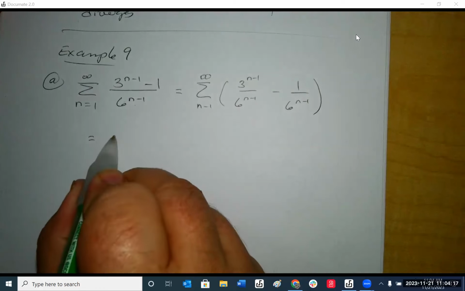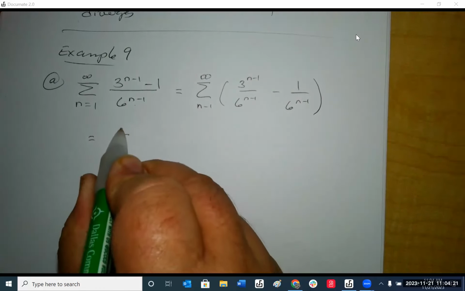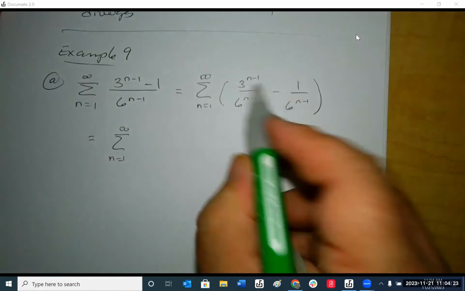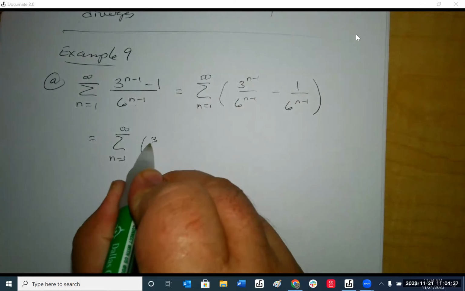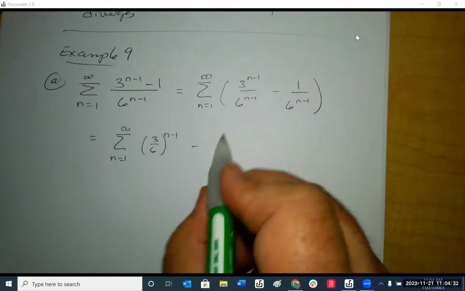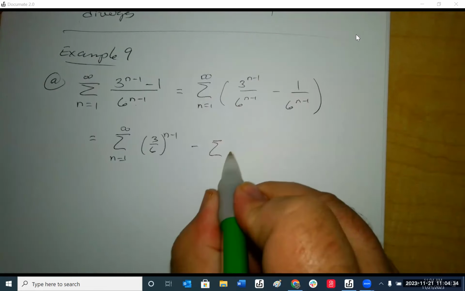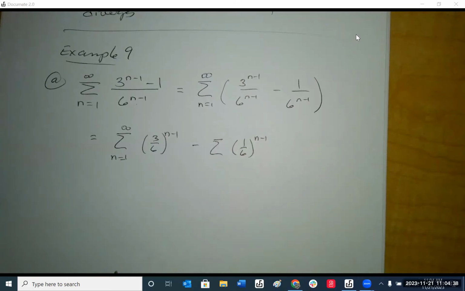Now we can split those up even further. So this becomes 3 over 6 to the power n minus 1. These are the same powers. This one is 1 over 6 to the n minus 1.